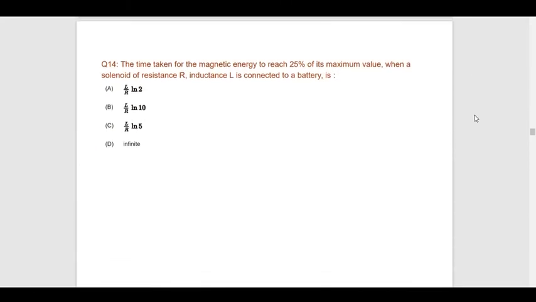This question says that the time taken for the magnetic energy to reach 25% of its maximum value, when a solenoid of resistance R and inductance L is connected to the battery, is. In case of such a solenoid, the magnetic energy is going to change due to the current flowing through the solenoid, and the magnetic energy inside the solenoid is represented by this equation, right?